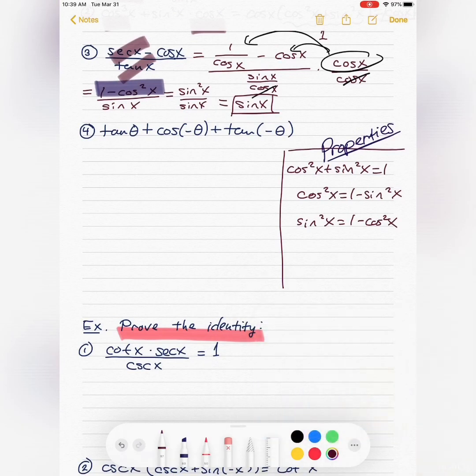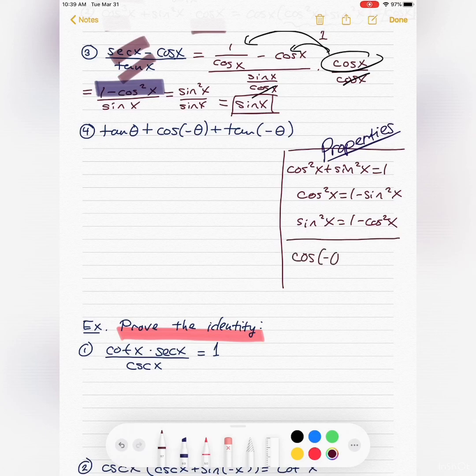Okay, so what about number 4? So this one's kind of interesting because I actually have these negative arguments. So whenever I see those negative arguments, I'm kind of thinking, well, I wonder if I could come up with a couple of additional properties over here.